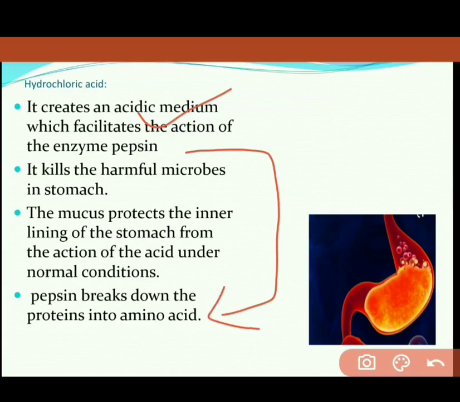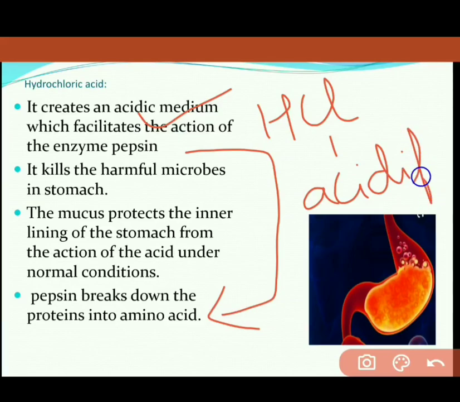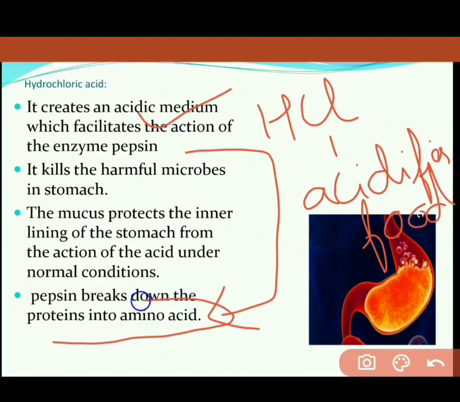Mainly, HCl acidifies the food so that it helps the pepsin in the further breaking down of food, and also it kills foreign materials, such as harmful bacteria and microbes in the stomach.